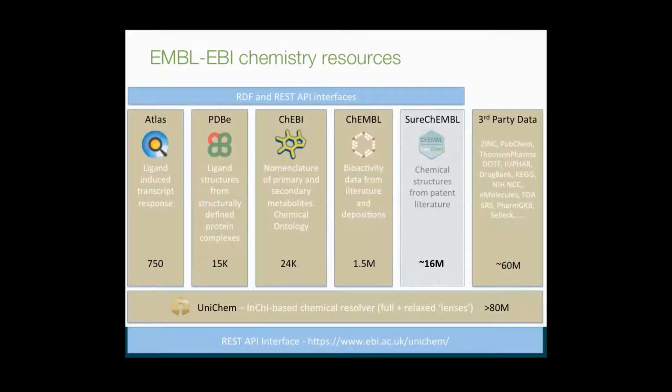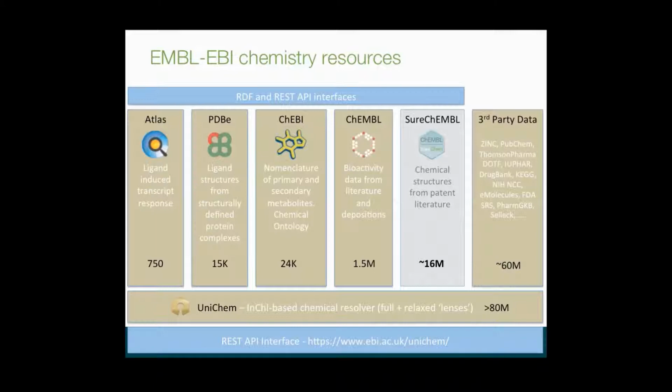So at the EBI, we have a number of chemistry resources. ChEMBL is one example, ChEBI is another one, and SureChEMBL is now part of the chemistry resources available at the EBI. So the EBI resources, in addition to third-party compound databases, such as Zinc, for example, or PubChem or DrugBank, are all available and searchable using the UniChem system.